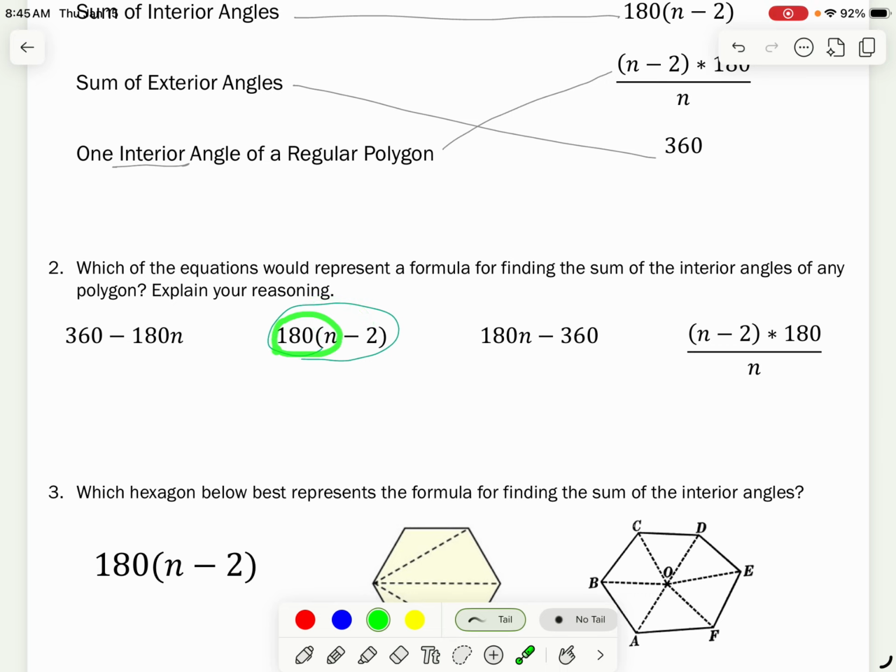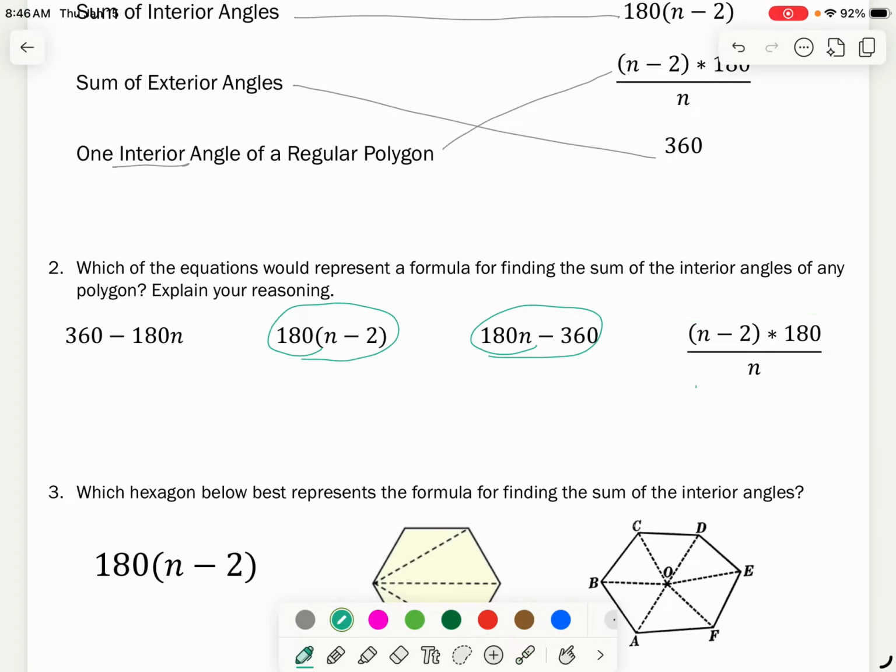So it becomes 180n minus 2 times 180, which is 360. So if I come over here, I can see that this one, the one right next to it, is the same.